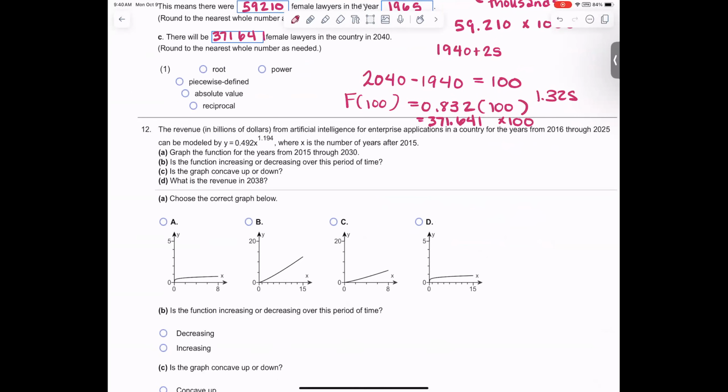Graph the function for the years from 2015 to 2030. Is the graph increasing or decreasing over this period of time?